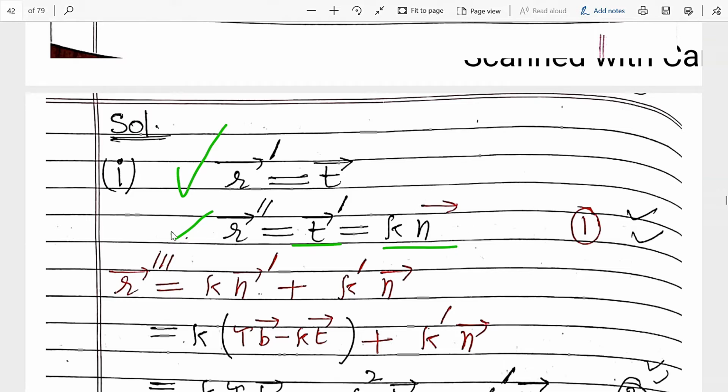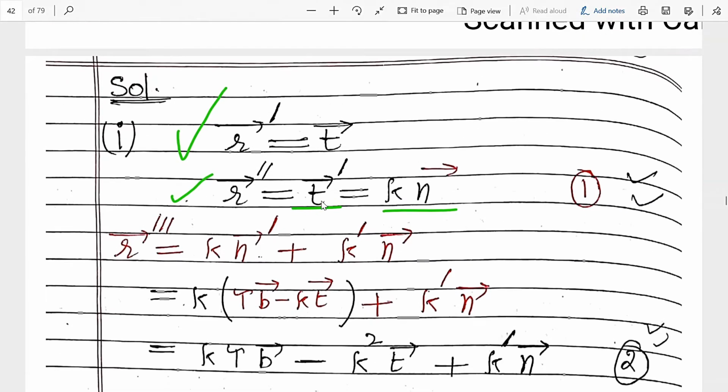Now again differentiate this term with respect to s. First we take the derivative of n, then the derivative of kappa. So it will be kappa n dash plus kappa dash into n vector. This is r triple dash vector.